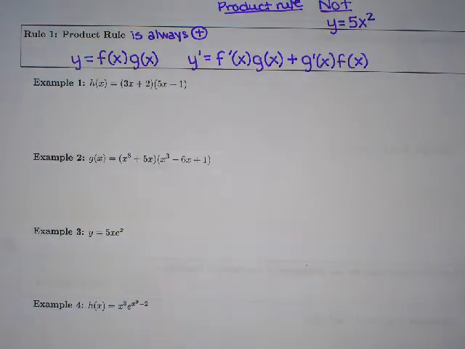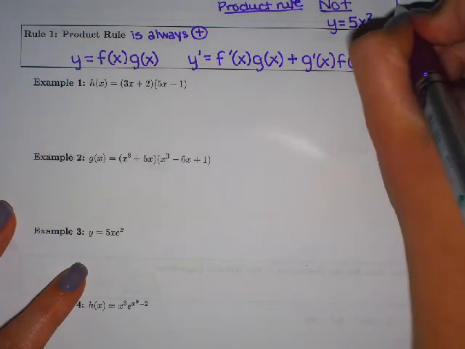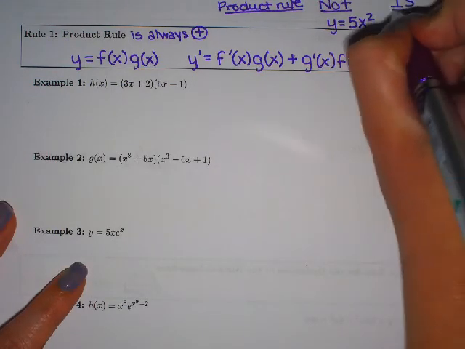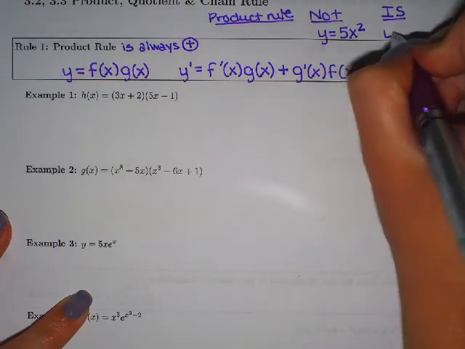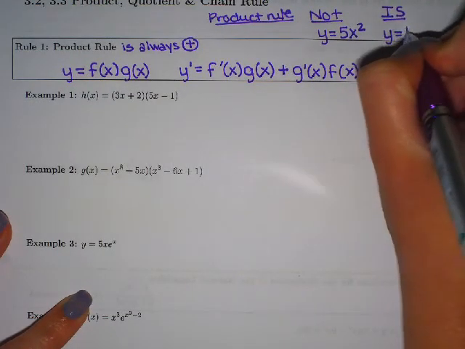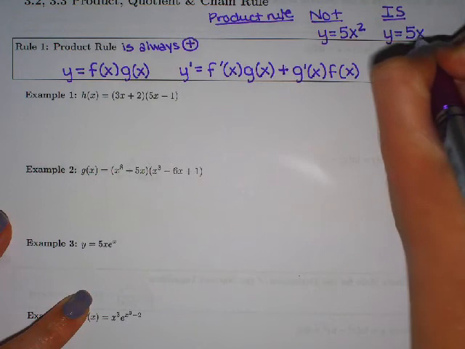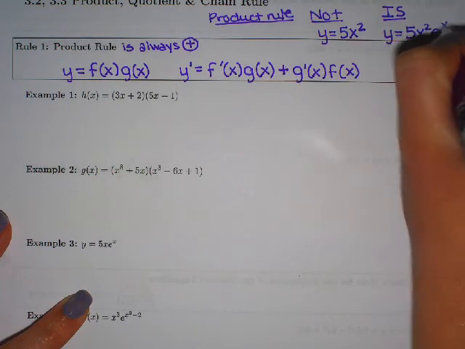That is not a product rule. Bring down the power and you get 10x for the derivative. So that's not a product rule, whereas something like y equals 5x squared e to the x is.